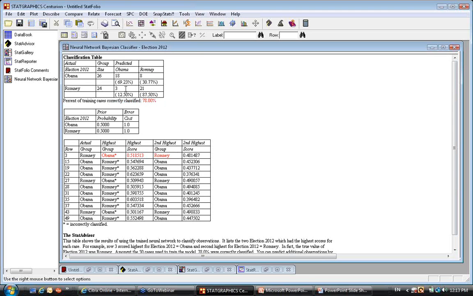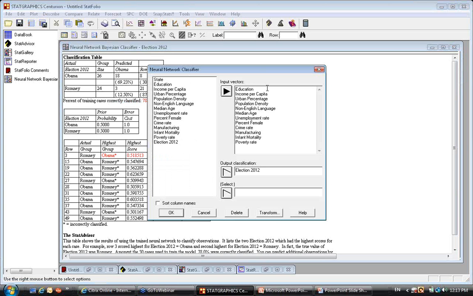And therefore, I wondered what would happen if I took out those 5 variables. Well, let's go back to the input dialog box, and let's take out, I happen to know what 5 variables were not significant. I'm going to remove those 5 variables and leave it just with the same 7 variables that I got when I did a backward selection in the linear discriminant analysis.